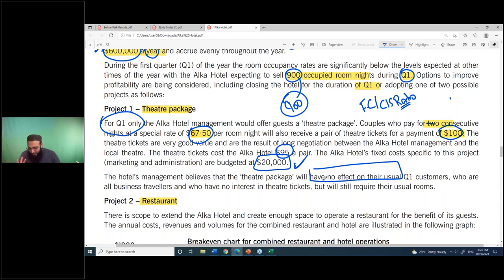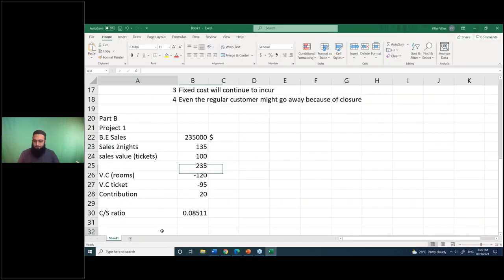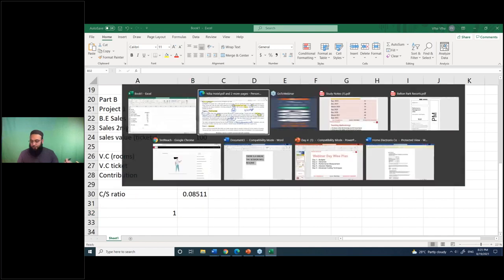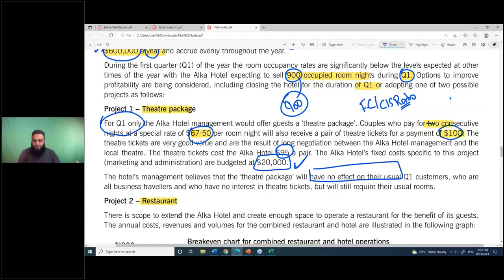So should we go for this or not? That's the question. What do you think? Let me see what you people say.